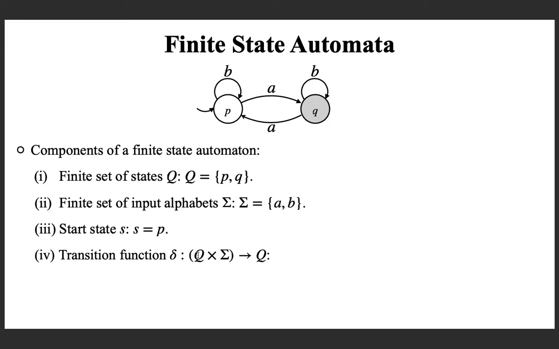What is it saying? If you are in a state, then when you read an input symbol, what is the next state? That is what the transition function in a finite state automaton defines. In this example, if you are in the state P and reading the input A, you move to state Q, P on A going to Q, and P on B coming back to P itself.